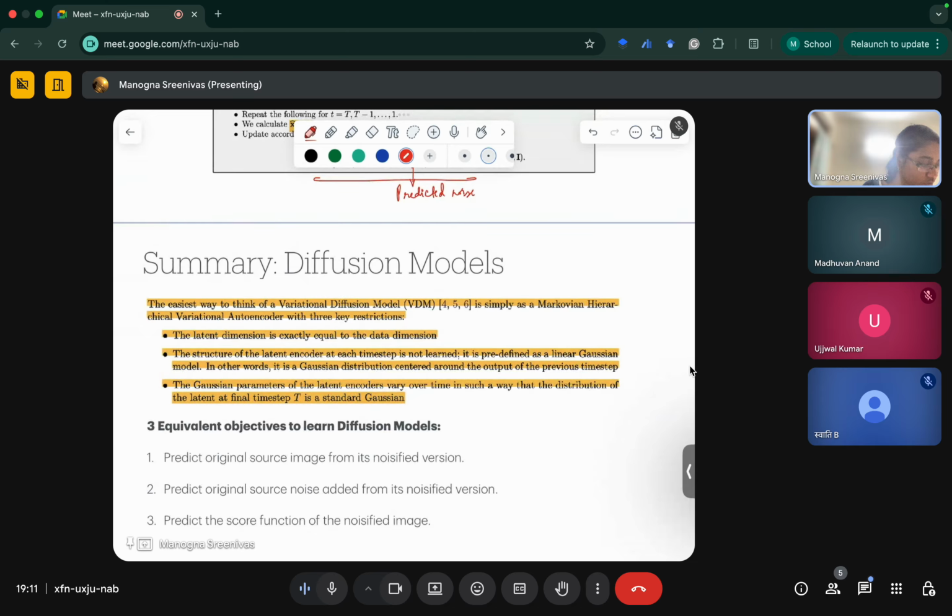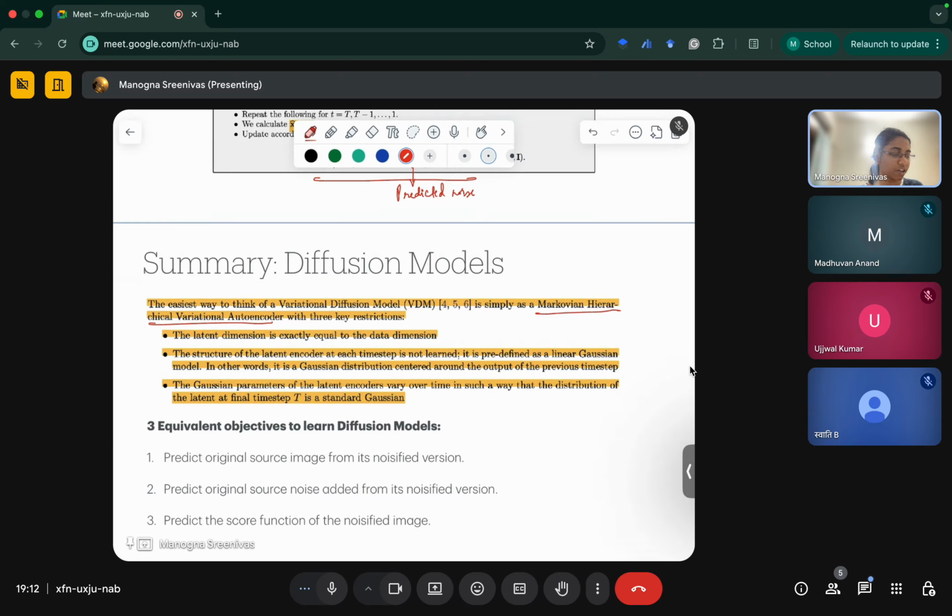So to summarize what we are doing in diffusion models, it can be thought of as a Markovian hierarchical VAE, with some conditions. Obviously the latent dimension is exactly equal to the data dimension. My latents are all the same size as the image, right?